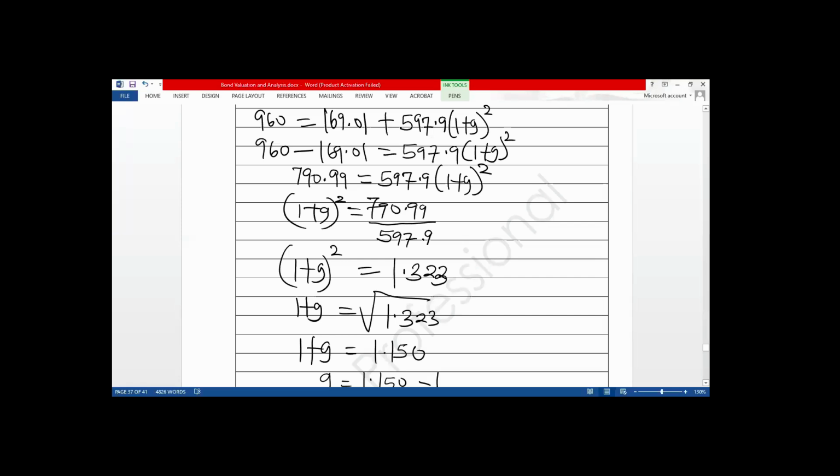What will happen between now and 10 years cannot be predicted with certainty. So our recommendation will be either alternative 1 or alternative 2.